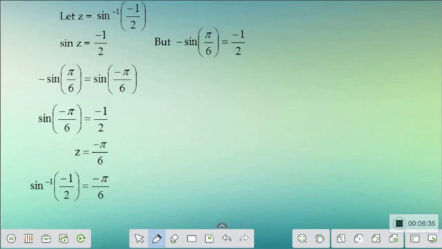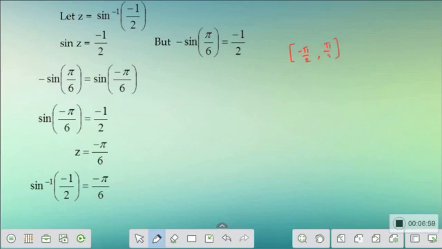Now, in the first quadrant we have all values positive, and sine is negative in the third quadrant and also in the fourth quadrant. But what is our principal value? Our principal value range of inverse sine x is nothing but the closed interval minus pi by 2 to pi by 2.